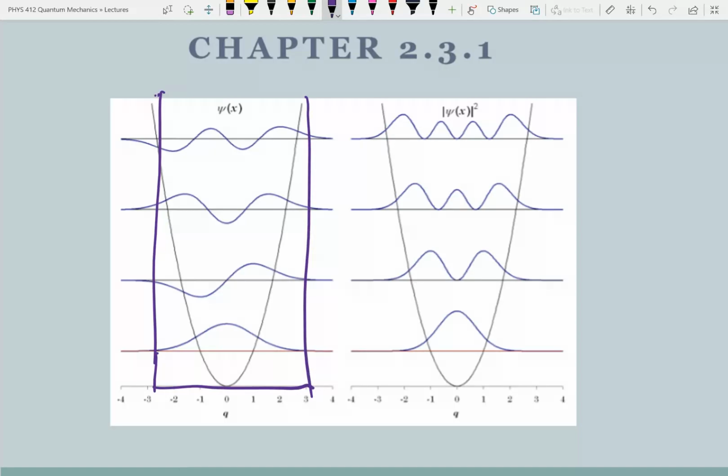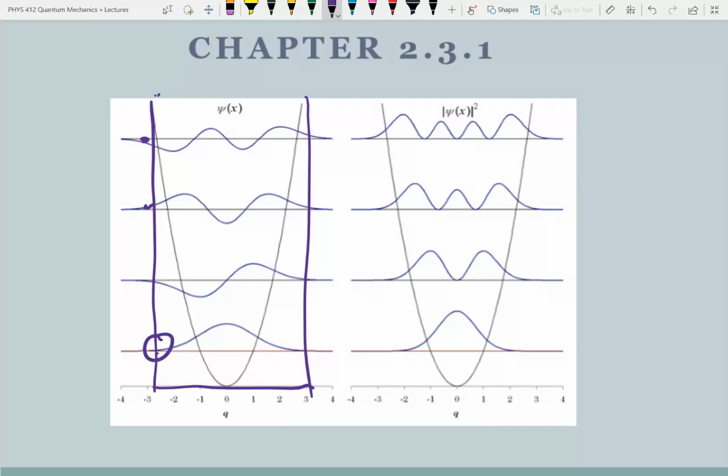And you can see that now this line here is not very vertical. But the amount of the wave function that's outside of that straight wall that you'd have for a particle in a box is increasing as you go up to the higher states.